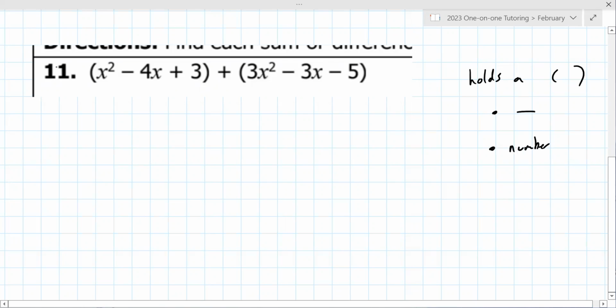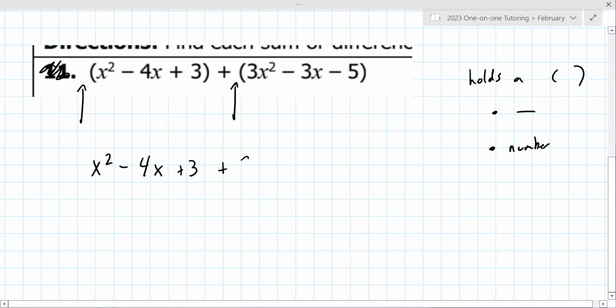So look at the one, not the problem number. Is there anything in front of the first parentheses? No. Okay. Now, how about in front of the second parentheses? Is there anything there? The addition sign. The addition sign, but it's not a negative or subtraction. It's not a number. No. So you can drop the parentheses.